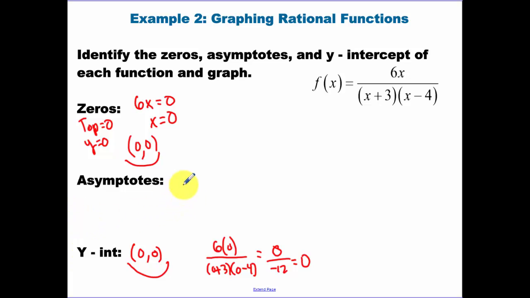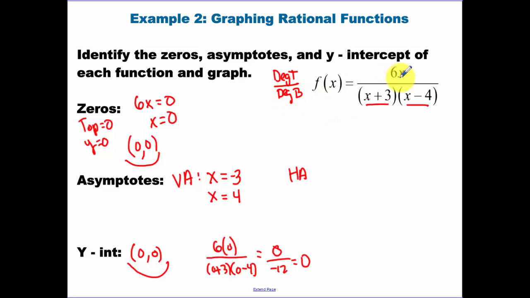Now the asymptote. Okay, vertical asymptote happens when x plus 3 equals 0. So that's x equals negative 3. It also happens when x minus 4 equals 0. So that's at x equals 4. Horizontal asymptote. What's the degree of the top over the degree of the bottom?